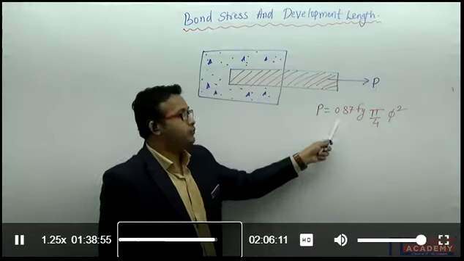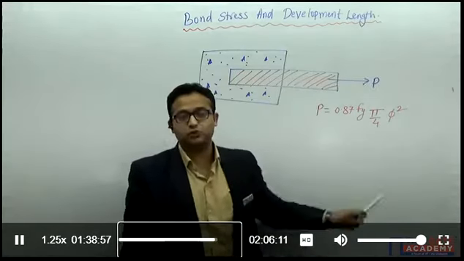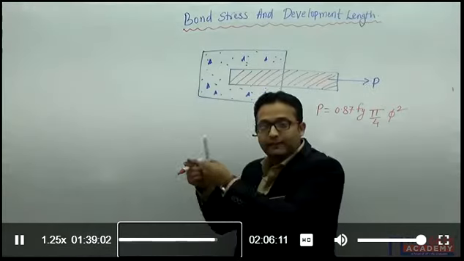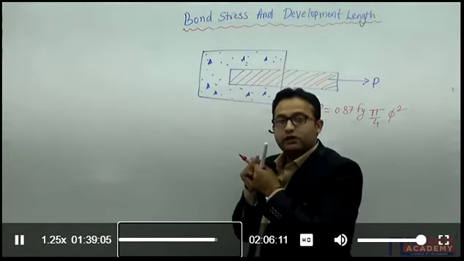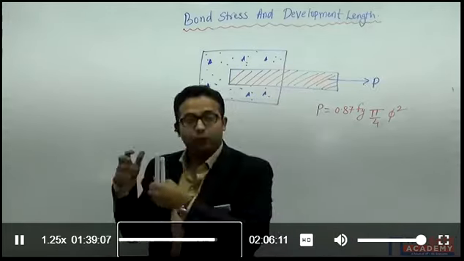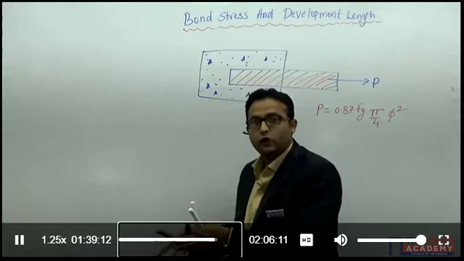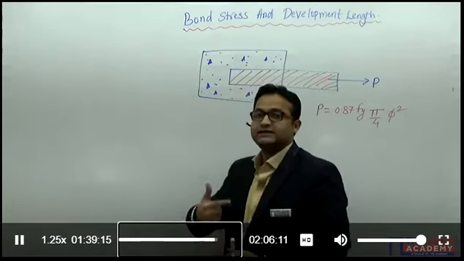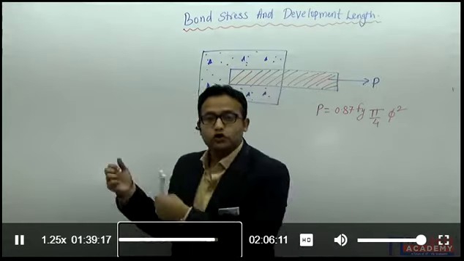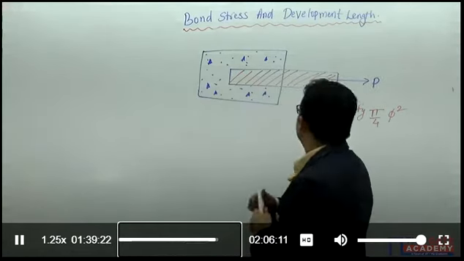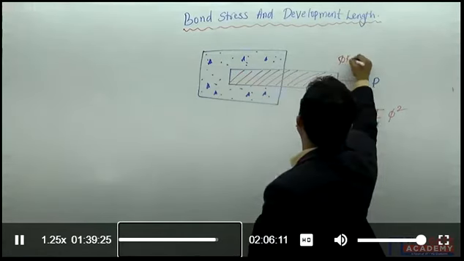So P equals 0.87 Fy pi by 4 phi square. This is the force P by which I am pulling my steel, right? If I am pulling this reinforcement with this force P, there should be strength in the concrete which can hold this steel and will not allow it to be pulled out, right? Suppose I am pulling with a force of, say, 50 kilonewton.